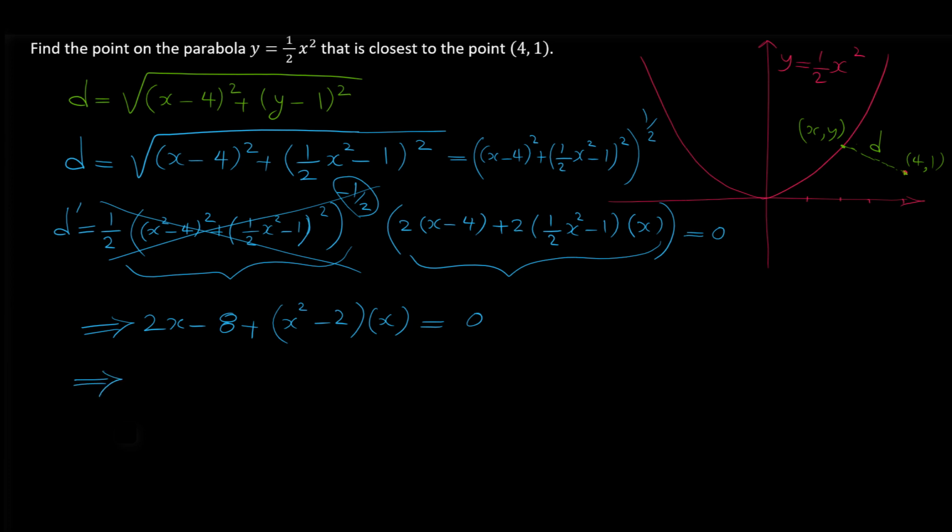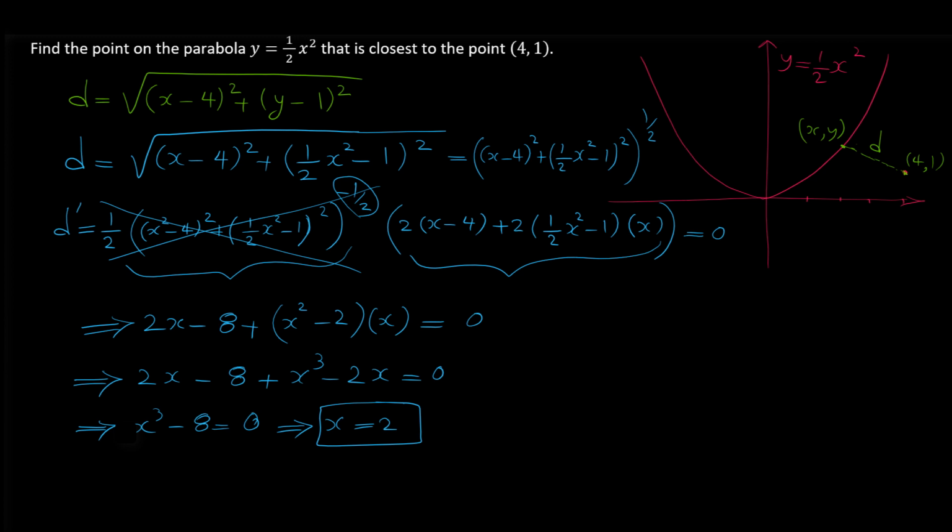If we simplify this, we have 2x minus 8 plus x to the 3 minus 2x equals 0, which simplifies to x to the 3 minus 8 equals 0. And finally, x is 2. As you can see, the result is the same.